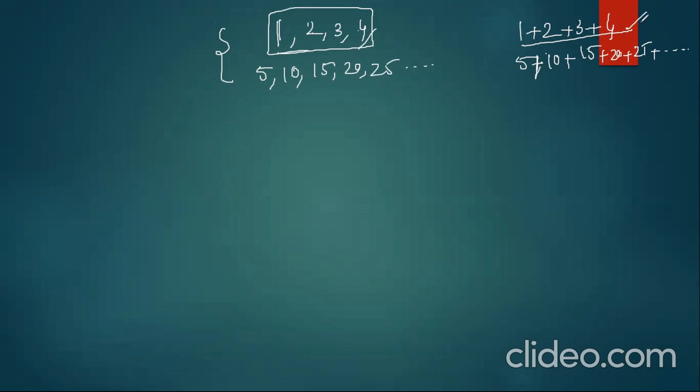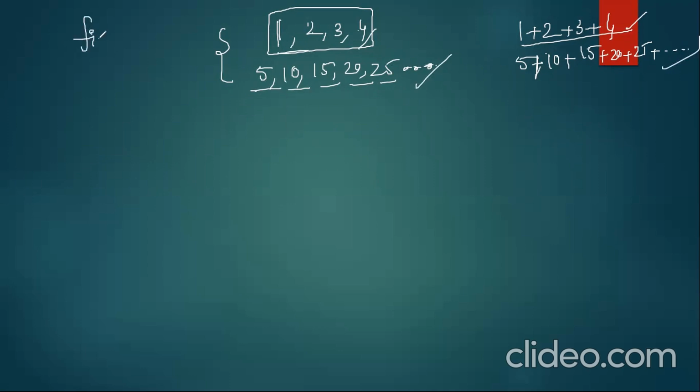We can count them, so it is called finite. And in the second case, the numbers go on like that. If you put three dots, what is the meaning? They go on like that, that means infinitely. There is no limitation here. So this can be called an infinite sequence and this an infinite series.